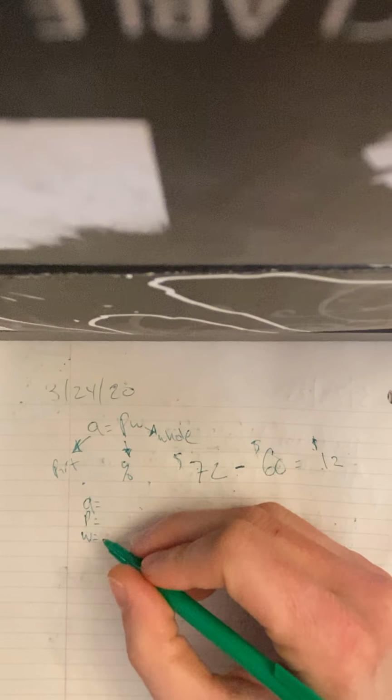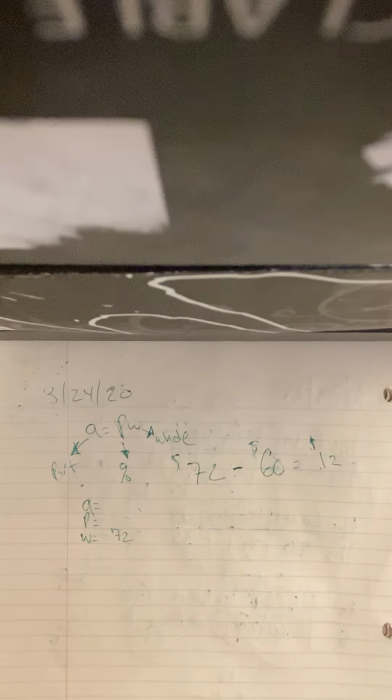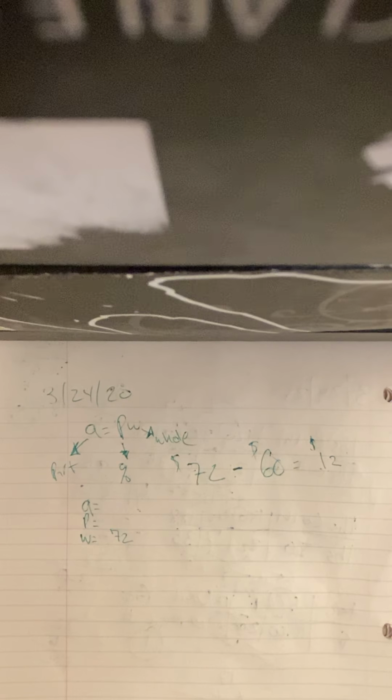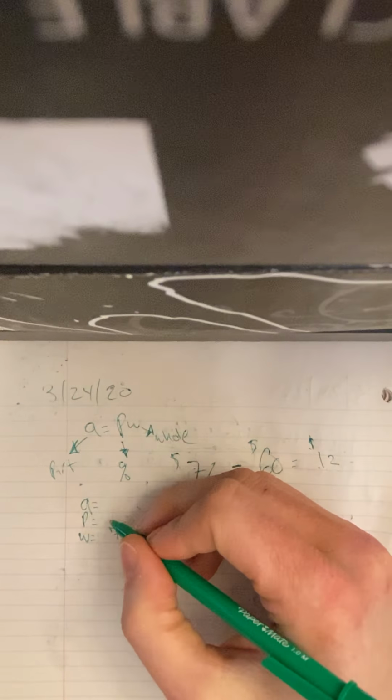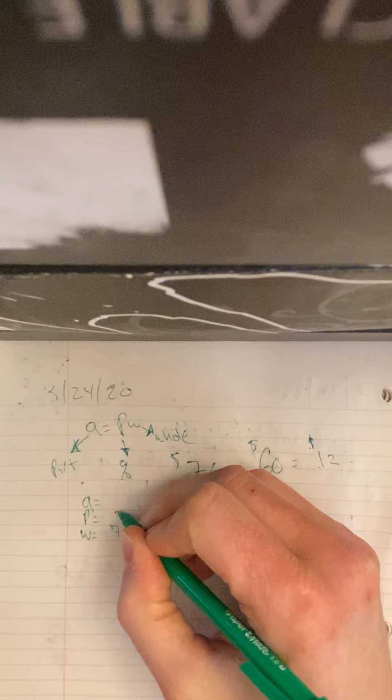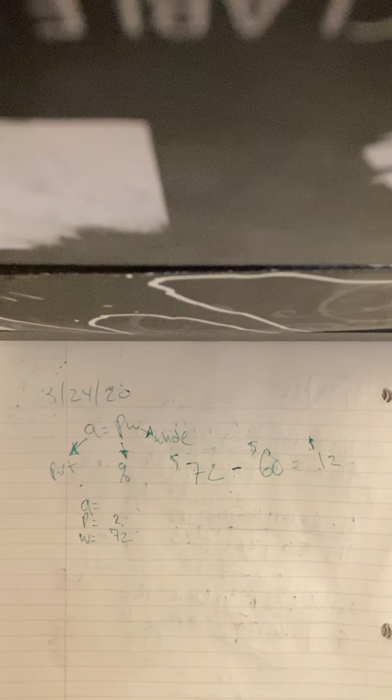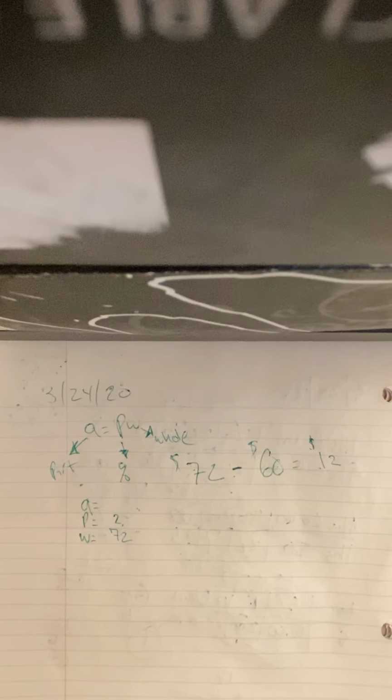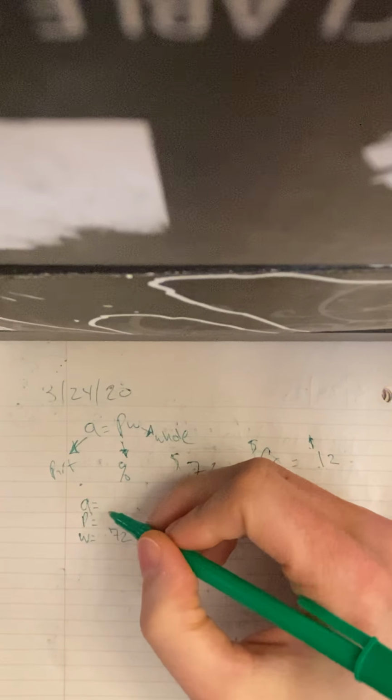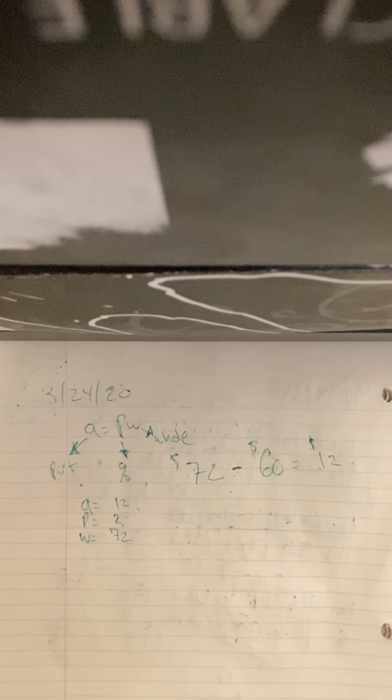So my whole in this is 72 because that's the amount of money that I started with. My percent is what I'm trying to look for. I don't know that. And my part, well, when I did my difference of 72 and 60, I got $12, and that's what I got off. So my part would be 12. 12 stands for the amount of money that I got off.